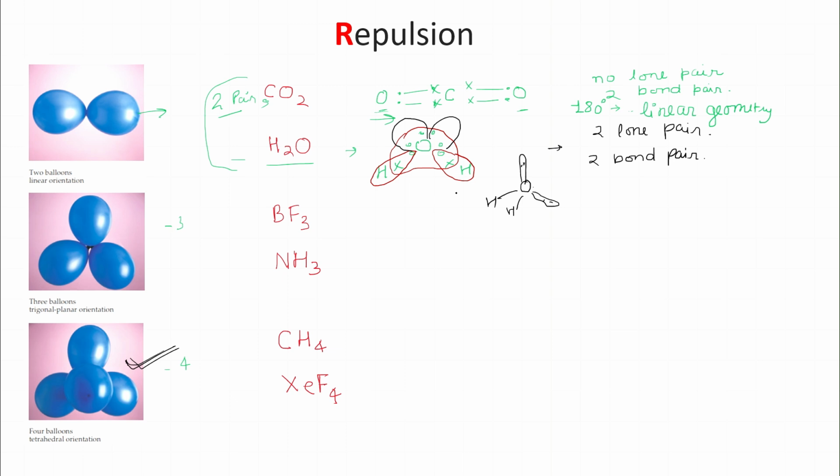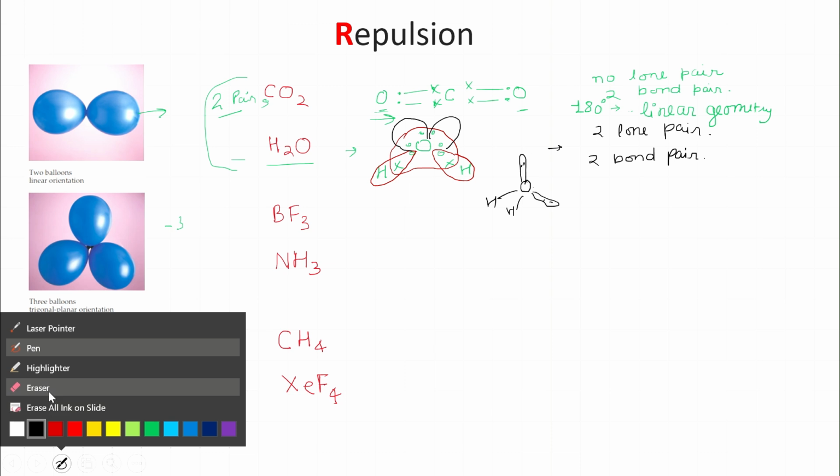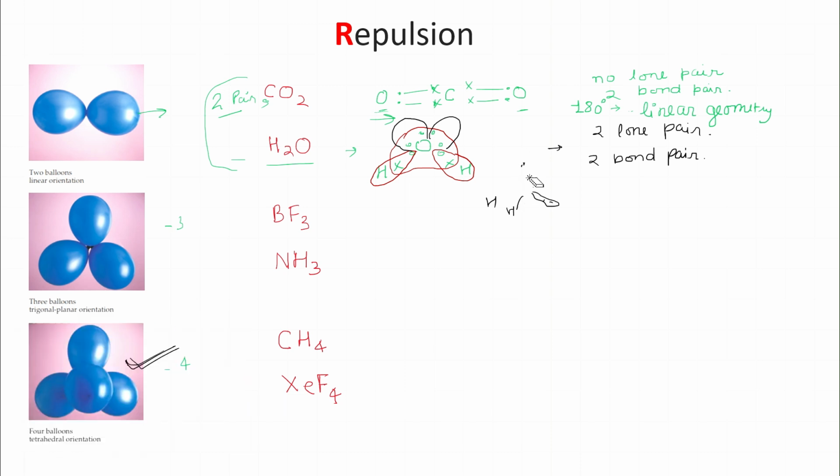This is roughly, I have tried to make a tetrahedral geometry. In a tetrahedral, all of these are identical, so you can swap positions and put bond pair, lone pair, anything, anywhere. But later on we'll see what happens if it is not the case.